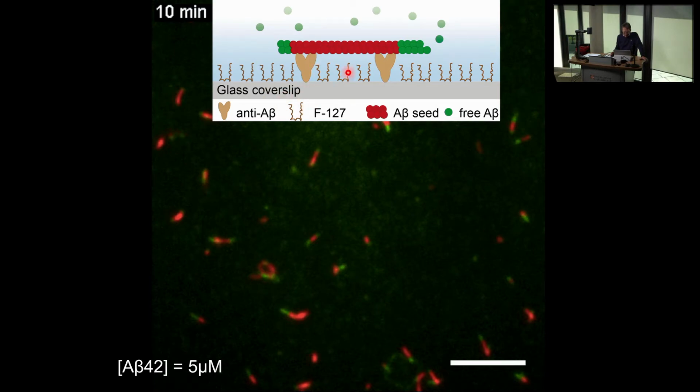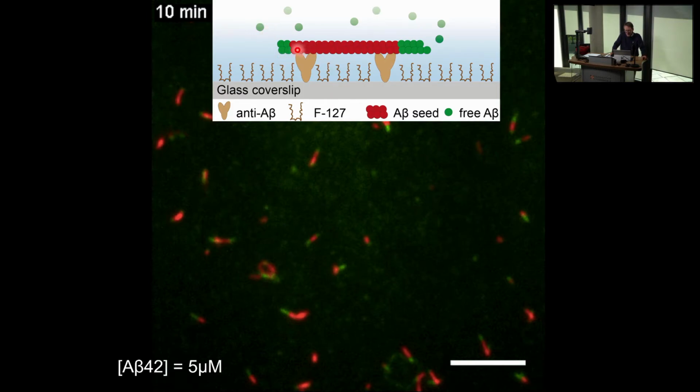In this assay here, one of our students a while ago used SIM to look at the aggregation reaction of amyloid beta, the protein that causes Alzheimer's.